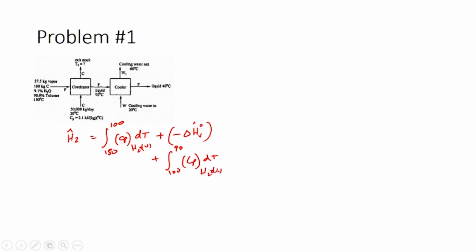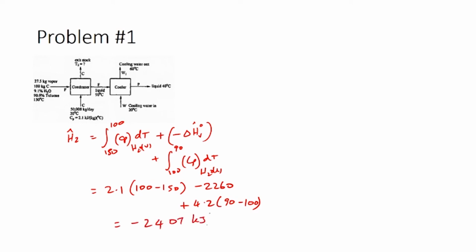Now we have the values of Cp for water vapor and liquid water from the problem. Using that we get 2.1 times (100 minus 150) minus 2260 plus 4.2 times (90 minus 100). This would give us a value of minus 2407 kilojoules per kilogram.